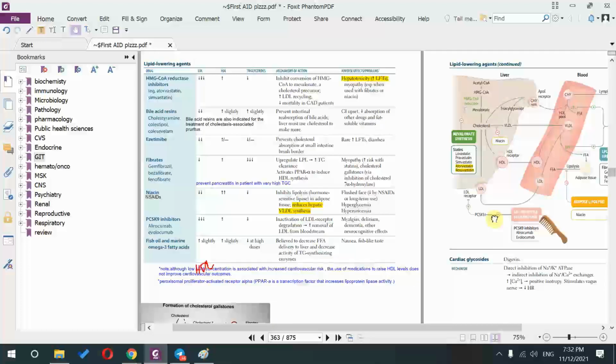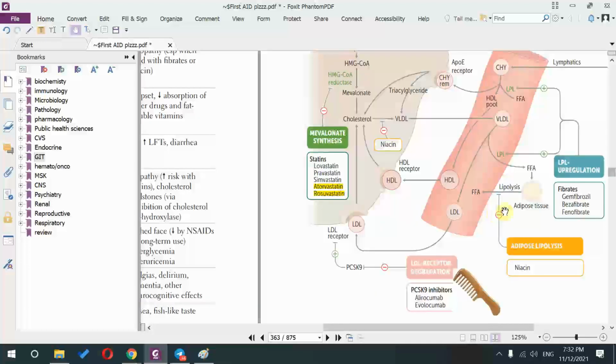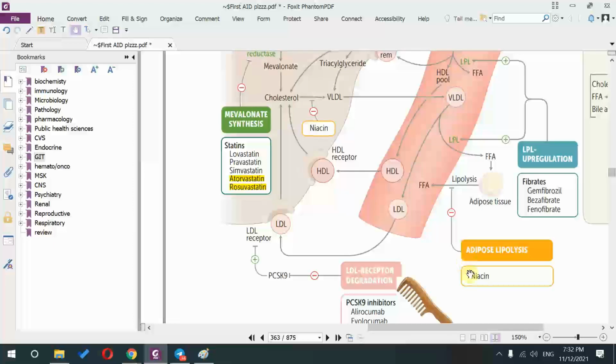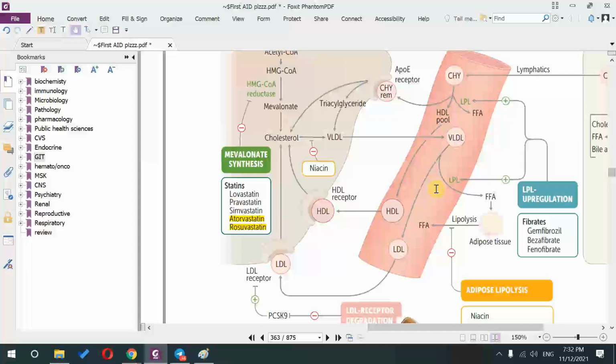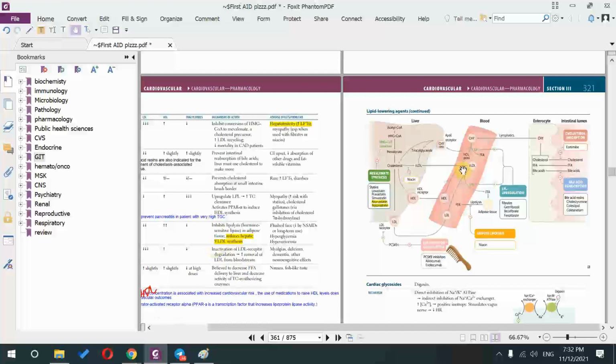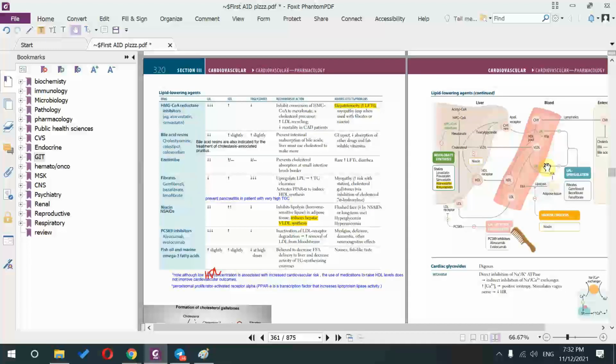If you take a look here, the niacin leads to less FFA, less free fatty acids, less triglyceride eventually. Less triglyceride, less VLDL. Less VLDL leads to less LDL, obviously. But the main idea is that it decreases FFA, which decreases triglyceride, which reduces VLDL, which reduces LDL.